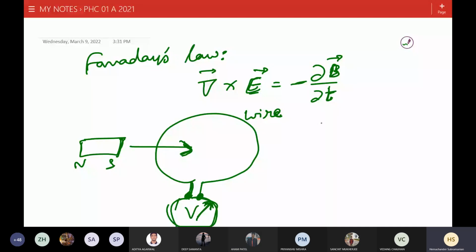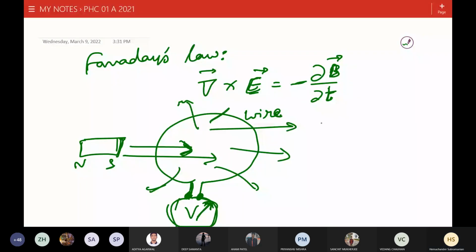Okay. And when you move it through this, the amount of flux that goes through this wire changes, right? And that flux change creates an electric field around the wire, right? So basically dΦ/dt, Φ is the flux.